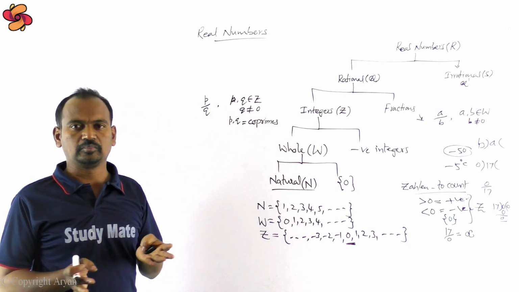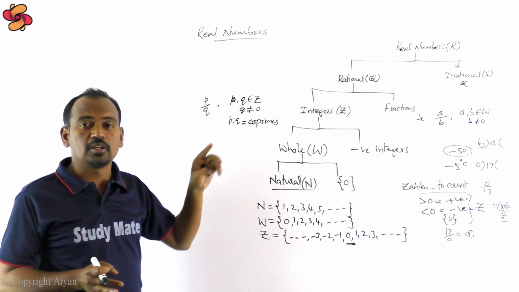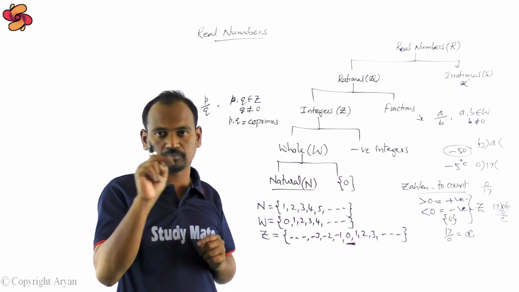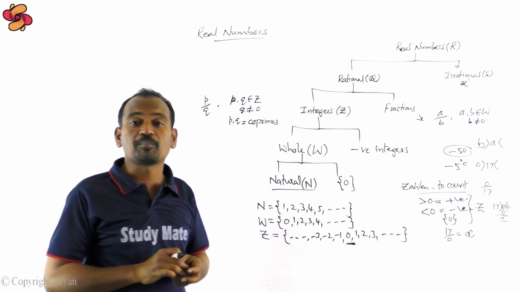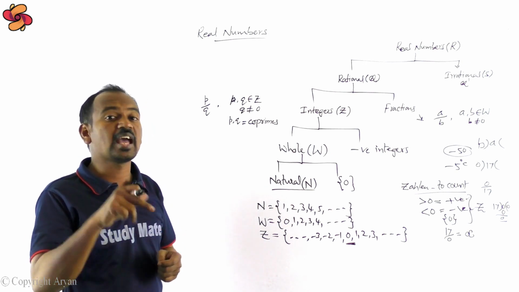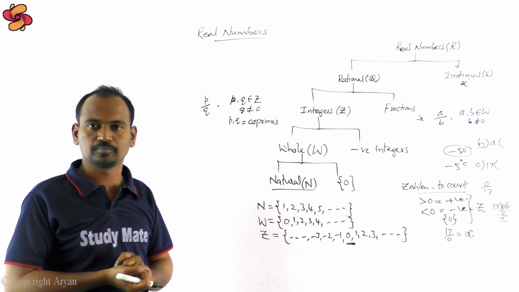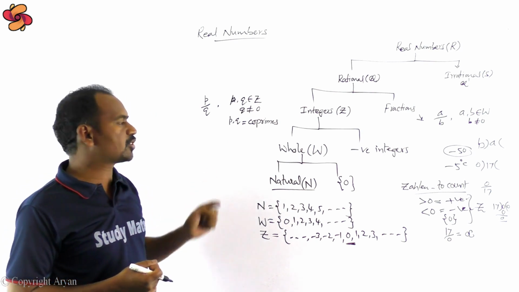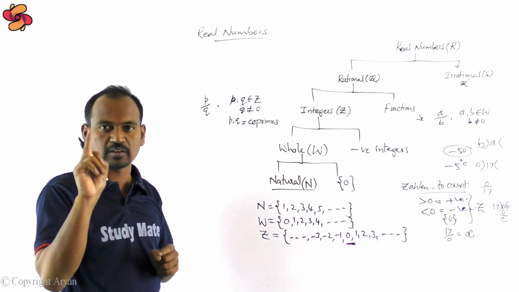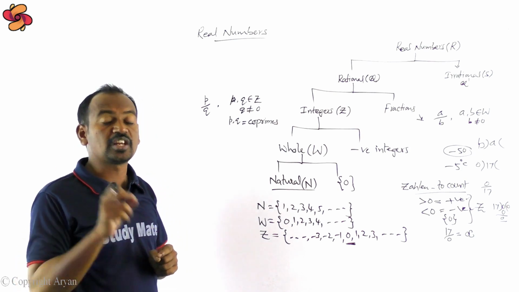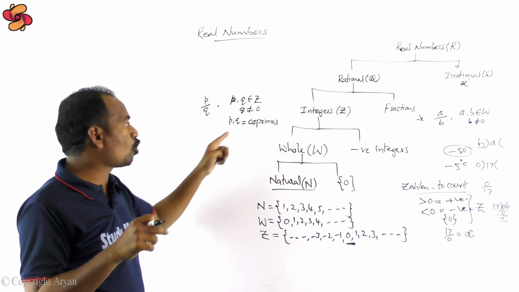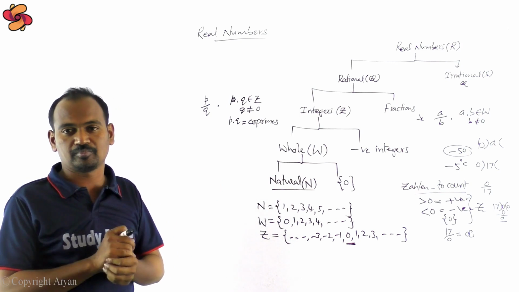Very easy. So what are co-primes? If two numbers have only one as a common factor, then they are called co-primes. The co-primes need not be prime.